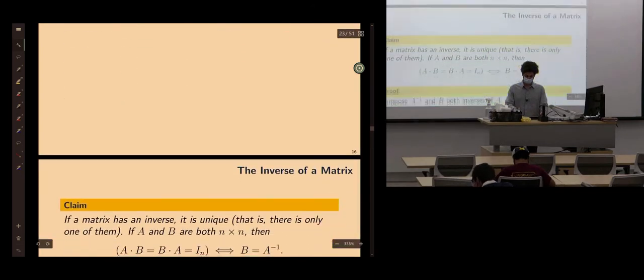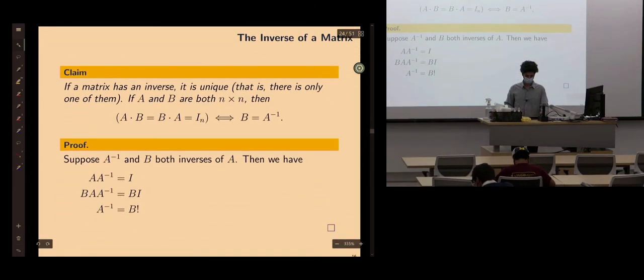The proof is quite straightforward. Here is one idea. Suppose A inverse is the inverse of A, and B is another inverse of A. That means I have two of them, and they're not necessarily the same, right?